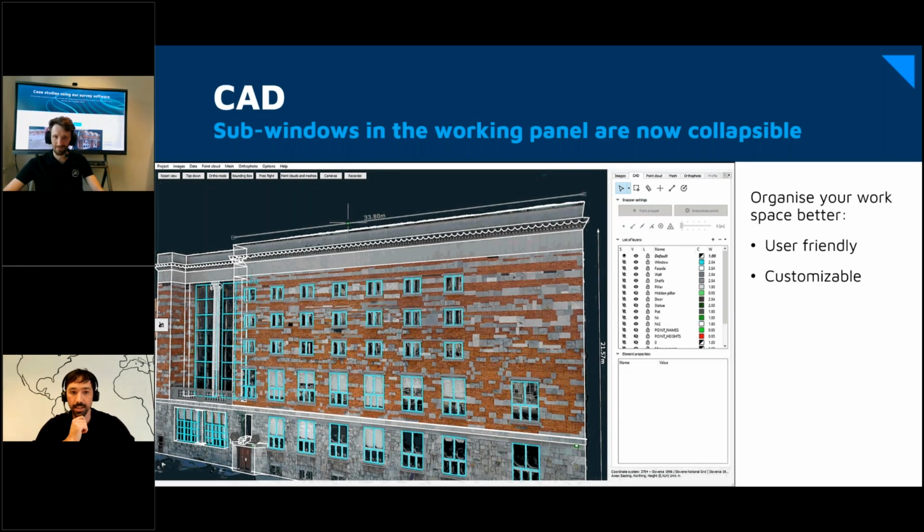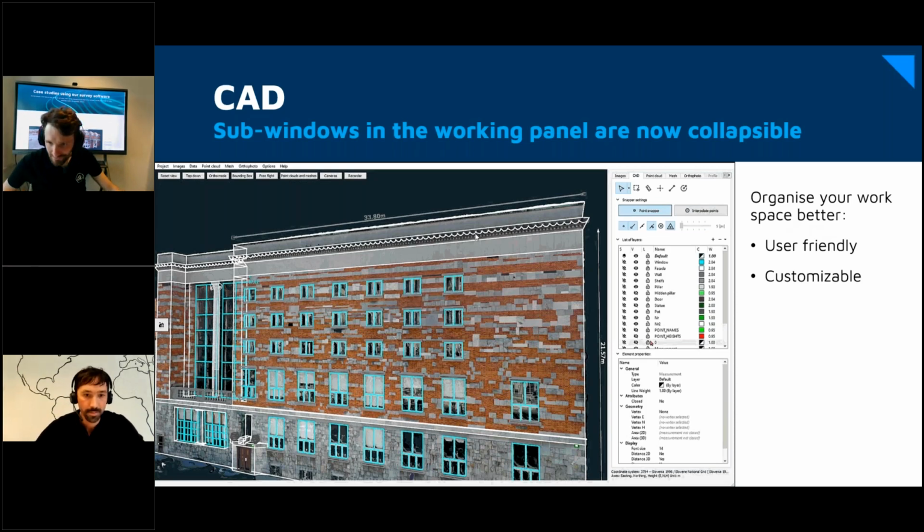So the first update is the ability to collapse sub windows. Small addition, but it's really useful if you're using a lot of layers, or if you have a lot of objects, so you can customize this side pane as you wish.